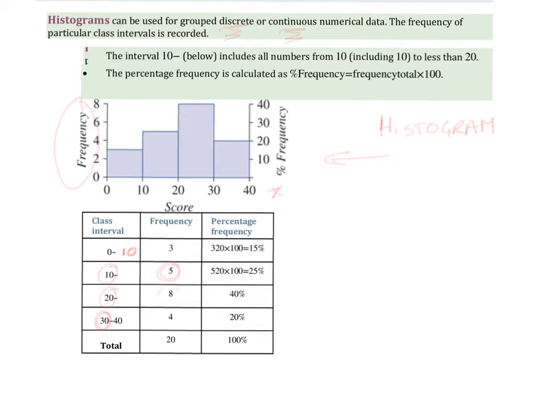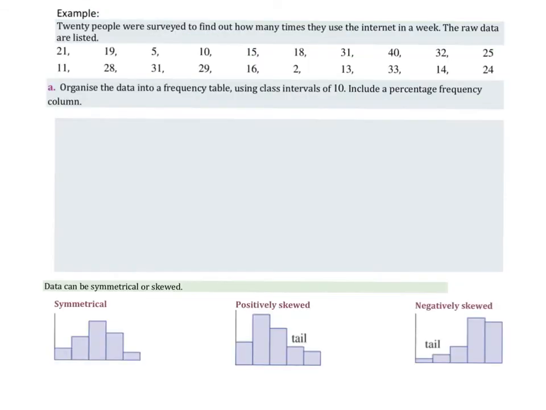The next one, we have 8 values between 20 going up to, but not including 30. And then the last one, we have 4 values between 30 and going up to, and in this case, we would be including 40. Okay, percentage frequency. We'll have a look at that in a minute. Let's have a look at an example first.